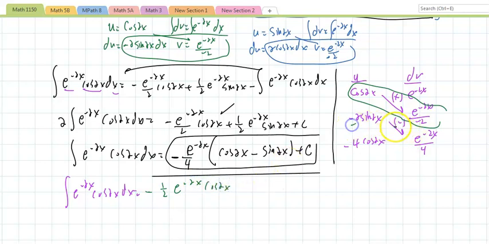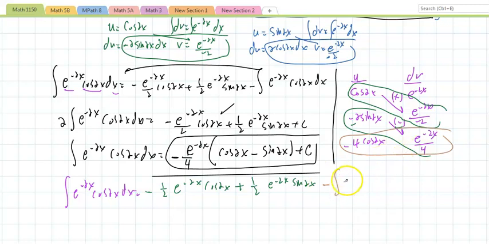Here, negative times a negative will give me a positive, and when I multiply those out, that's going to be 1/2 e to the negative 2x sine of 2x. And since I am stopping right here, when I multiply those, that's going to be minus the integral. The first cancel out, e to the negative 2x cosine of 2x dx. And as you see, we eliminated a lot of steps, move this over, and proceed like we did the previous problem. So that's an important application.